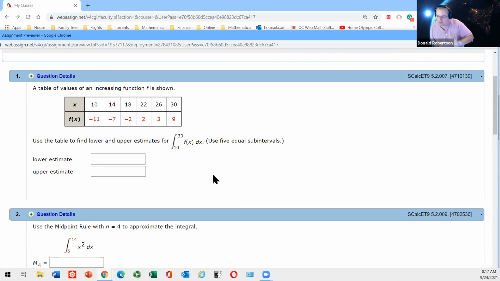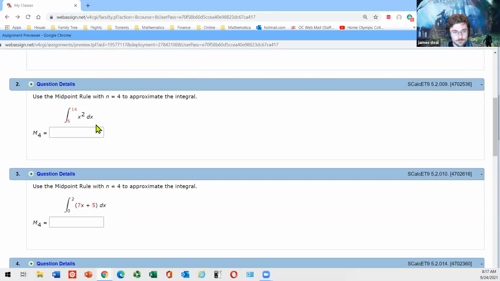But which 2 are you going to use to get an upper and a lower estimate? It looks like left would be lower, right would be upper. And you can tell that because the function's increasing. Agreed?